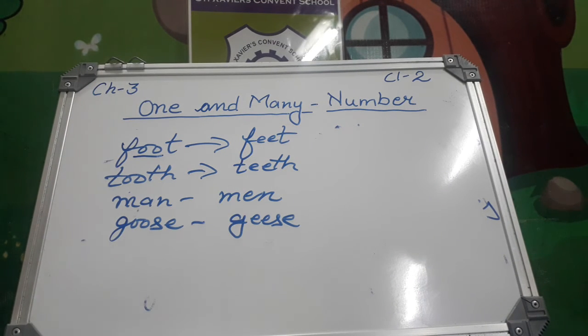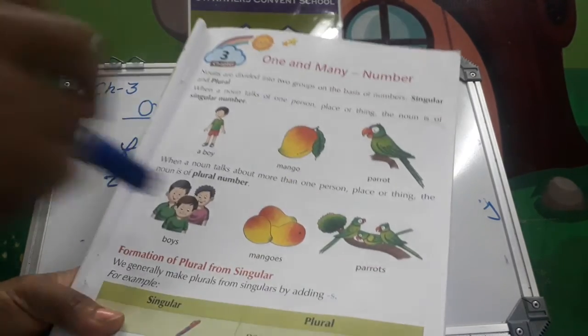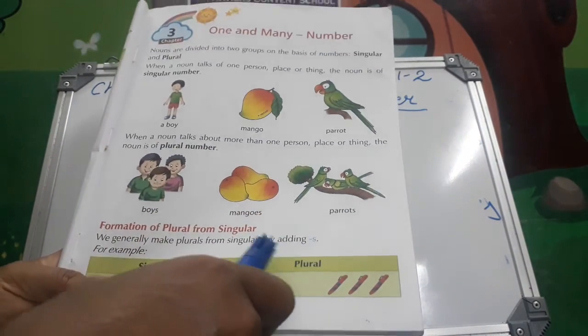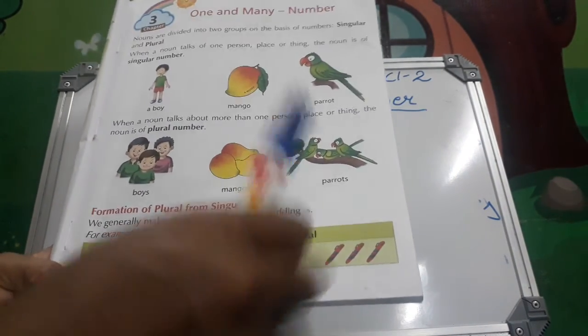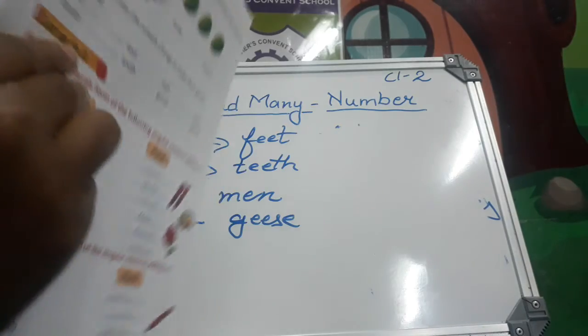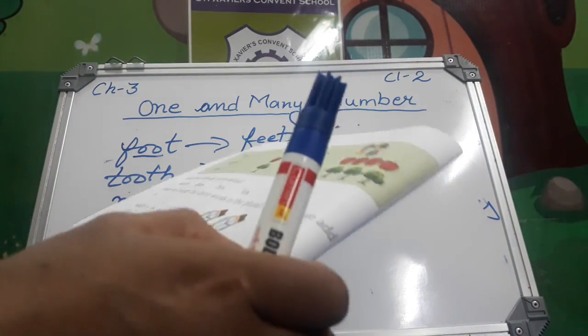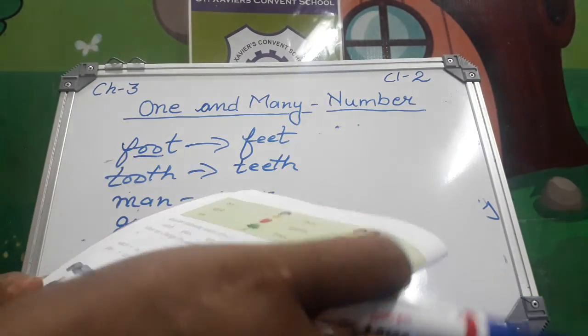Now understood these? Generally, for some nouns, when we convert singular to plural, we add only s letter. For example, pen, pens, boy, boys, apple, apples, tree, trees.